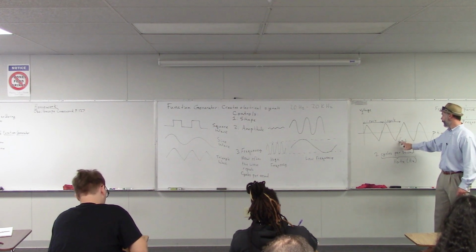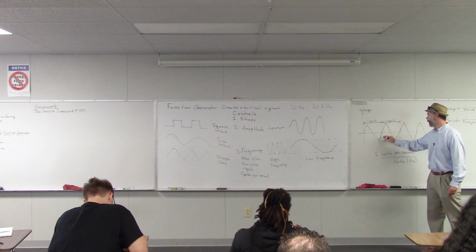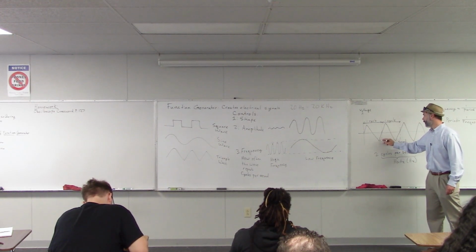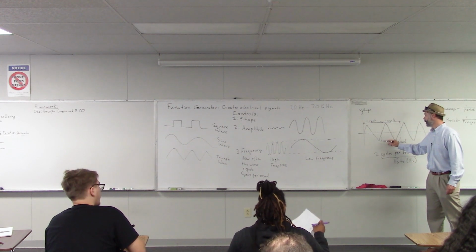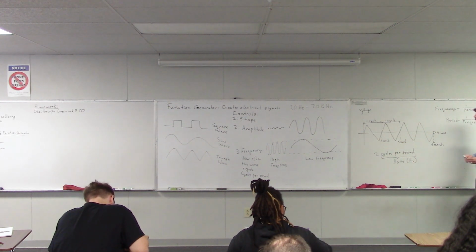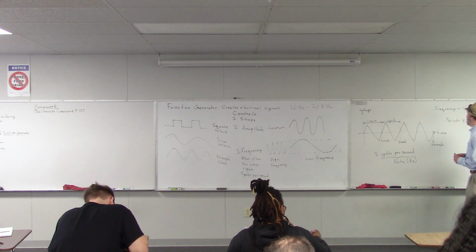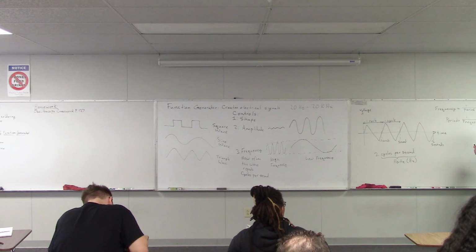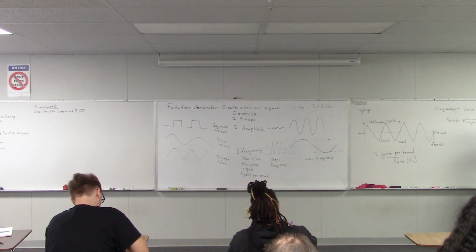If this is 1 second, we can see that this right here would be half a second, 0.5 seconds. And it goes the other way. So if we know that that's half a second, the frequency would be 1 over a half. And that equals 2 hertz.